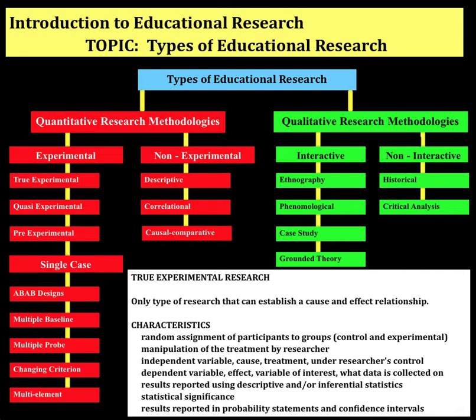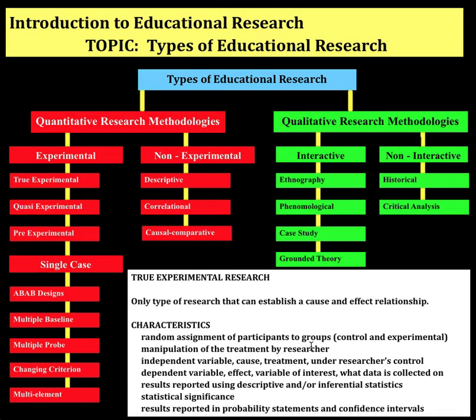True experimental research. Now, the distinguishing characteristics of true experimental research. Random assignment of participants to groups. So usually you have a control group and an experimental group, and individuals are randomly assigned to those groups.